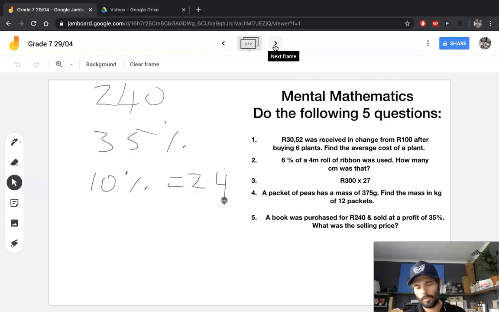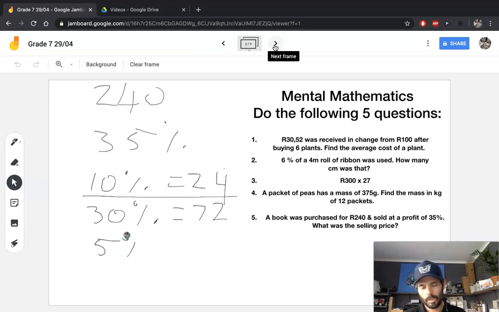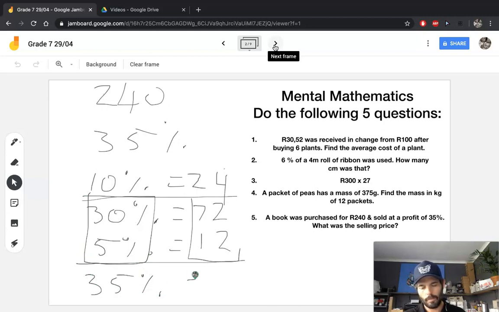So that means 30% is 24 times 3, which is 72. If 10% is 24, then 5% equals 12. Then 30% and 5% is your 35%. And my 72 and my 12 gives me 84 Rand. So I'm making a profit of 84 Rand on this book.